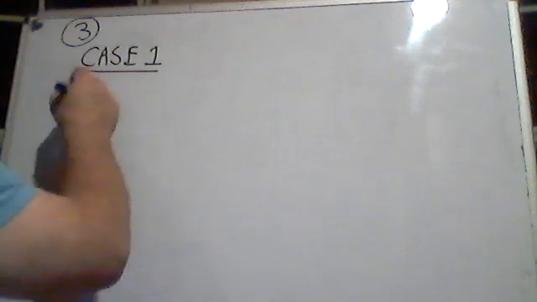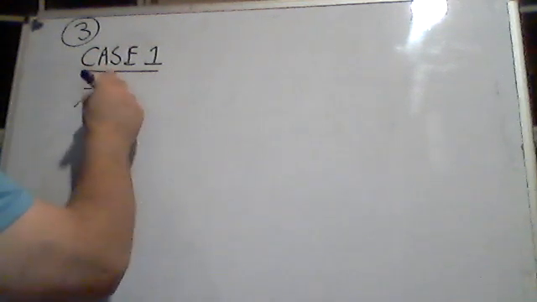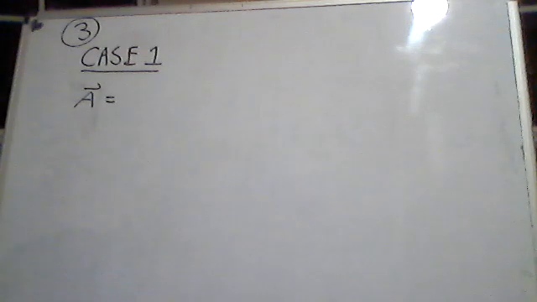Case 1 wants us to essentially add 2 vectors. So I'm looking at exercise 3, and I'm particularly looking at case 1. I'm going to work out case 1 and case 3, and I'll leave you to do case 2. Case 1 says I'm going to get a couple of vectors that are expressed. So I have a vector A, and I put the hat on to denote it as a vector.